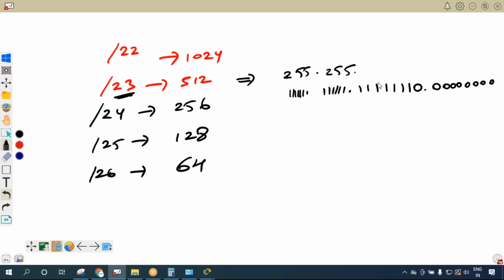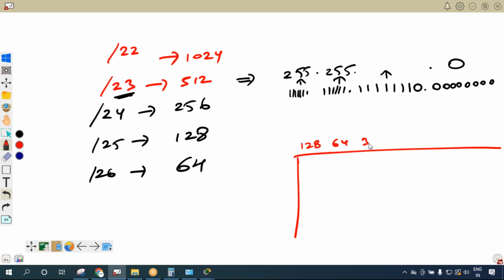So my dear friends, what will the address be here? This will be 0. This is 255. This is 255. This is seven 1s. If there are seven 1s, then my binary to decimal calculator, with 128 64 32 16 8 4 2 1, says 254.